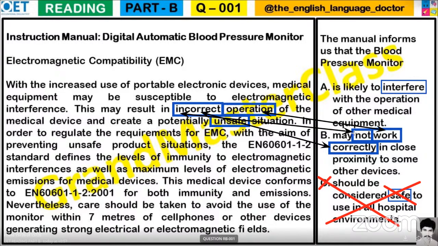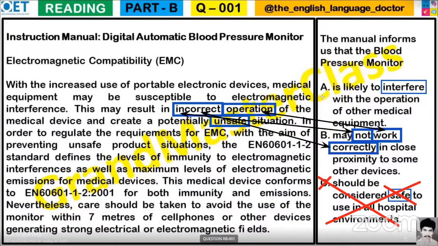Incorrect means not correct. So that's it. Not work correctly, incorrect operation. So this is fine. The next one is likely to interfere with the operation of other medical equipment.